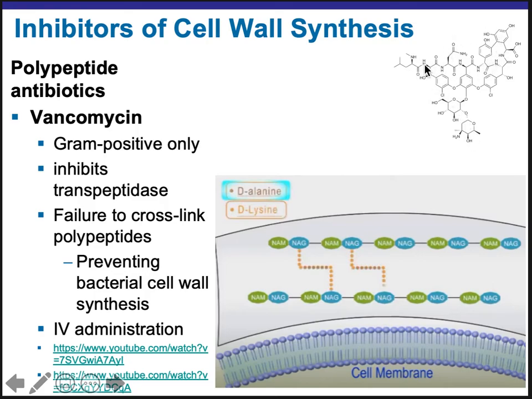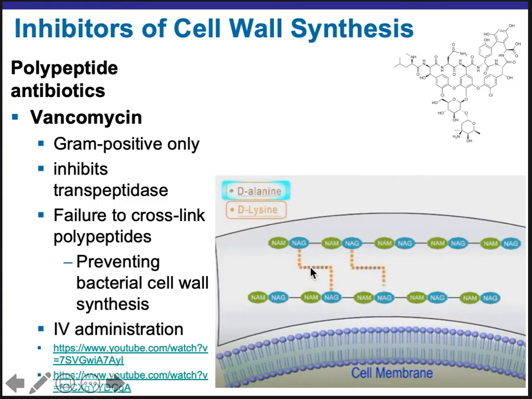Vancomycin, a huge molecule, will bind specifically to the D-alanine amino acids in the polypeptide chains, and that will prevent the bacterial transpeptidase enzyme.